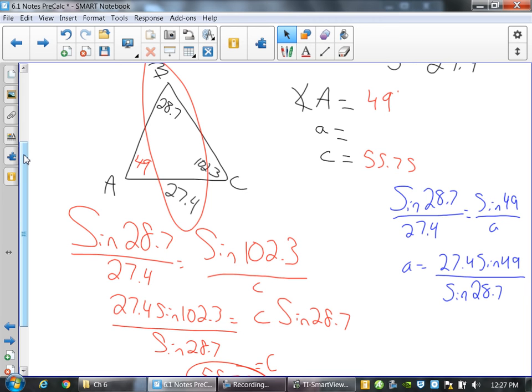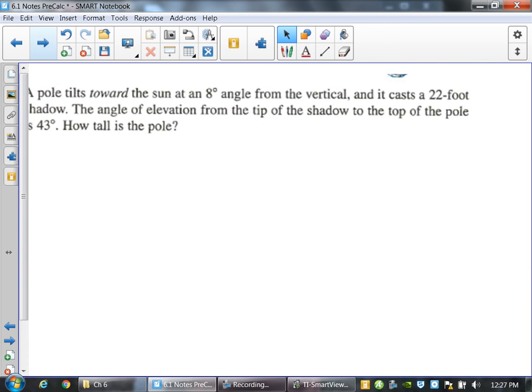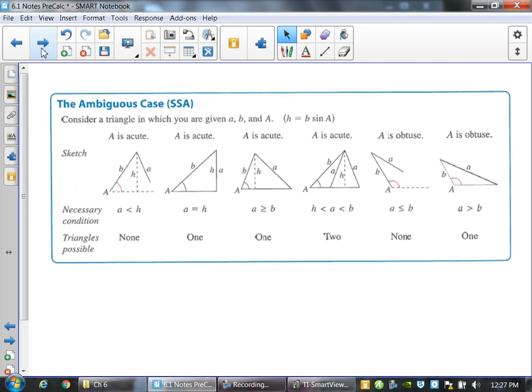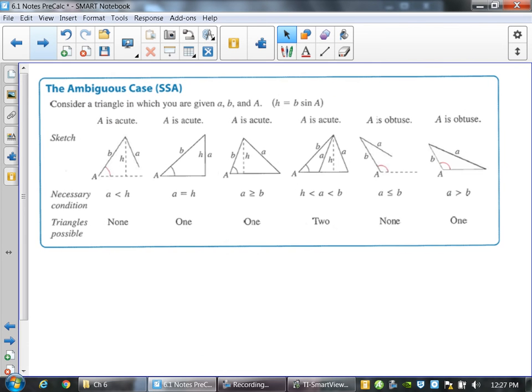Let me show you guys the other quick example here before we get along. We'll come back to this one on Monday. Do not even attempt to read or memorize any of this.